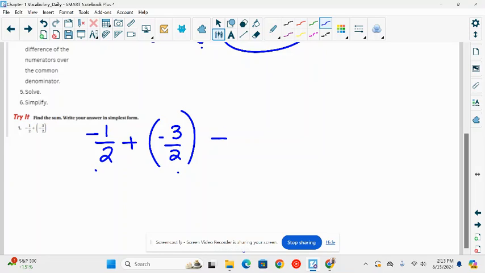Add. So the denominator stays the same. Add the numerators. 1 plus 3 is? 4, but negative 4. And also negative 4/2, what else does that equal? 2 wholes. 4 divided by 2 is 2, but we got to keep the negative. So negative 2.